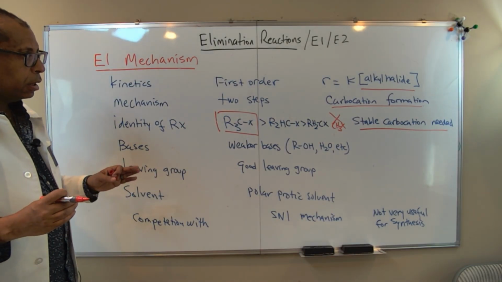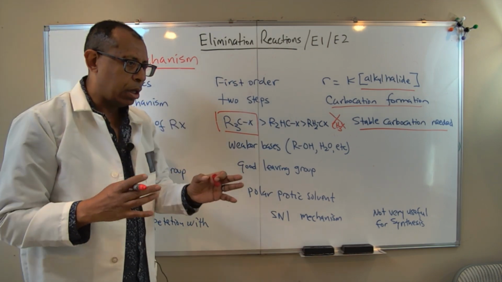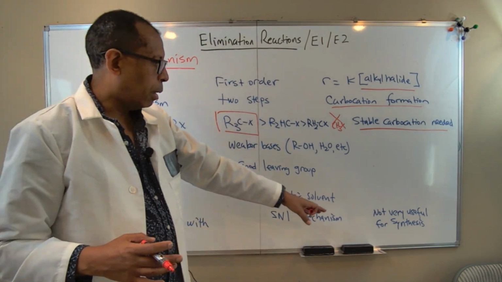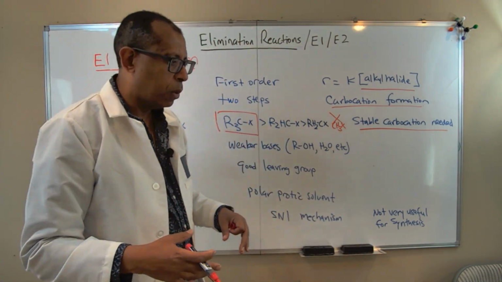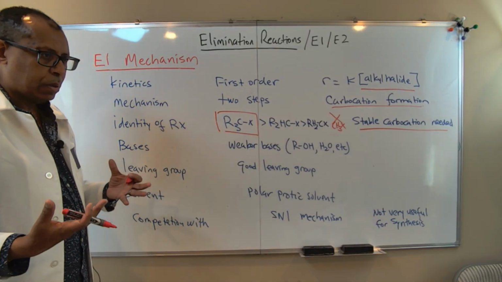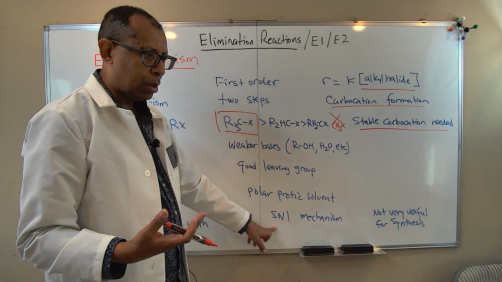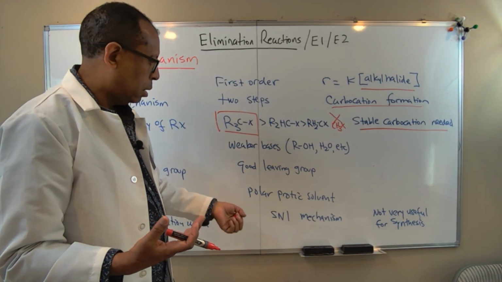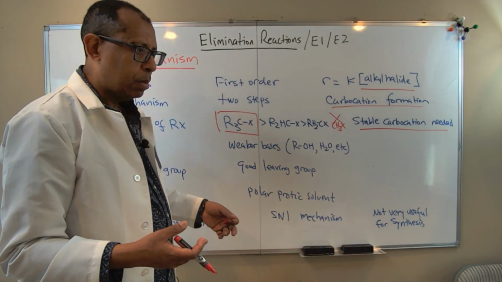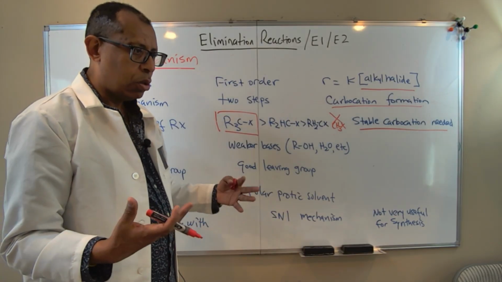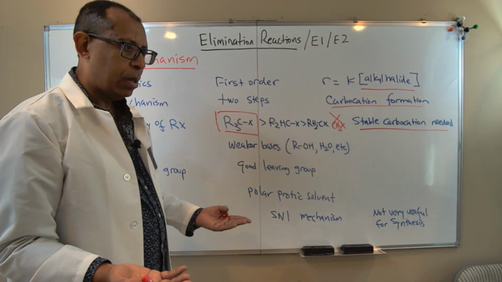So protic solvents like acetic acid or so on are important or necessary. As far as the E1 reaction type, when applied for any meaningful synthesis, it is not very useful. The reason is it's competitive with the SN1 mechanism. If you remember, SN1 is a mechanism where a substitution happens by a nucleophile.